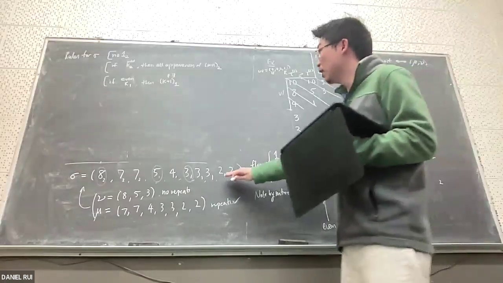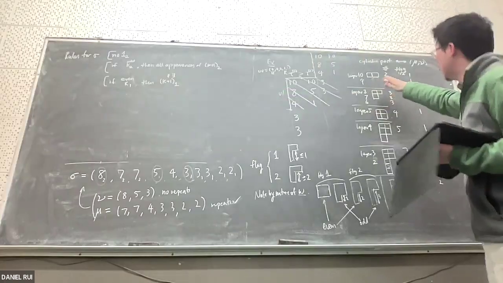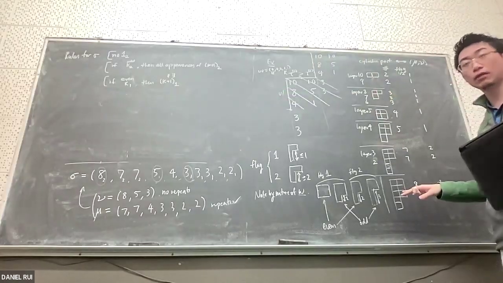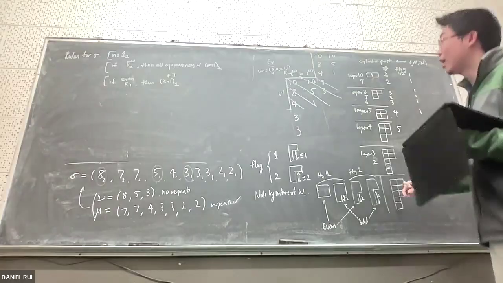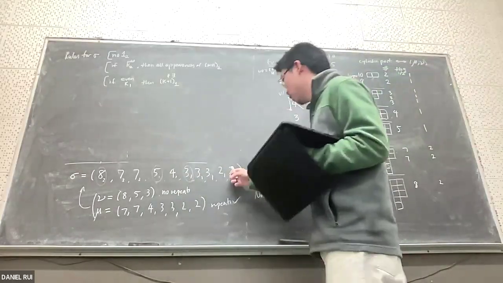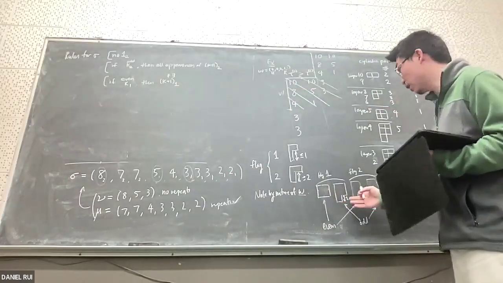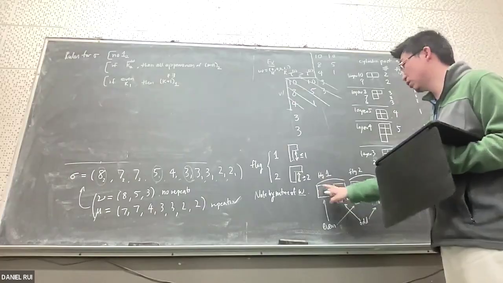From now on, given a sigma satisfying these 2 rules, we can cook up the layer cake decomposition. For example, if I see 2 sub 1, then there's only one possible shape it can be, right? It's an even number, so it has to look like this.